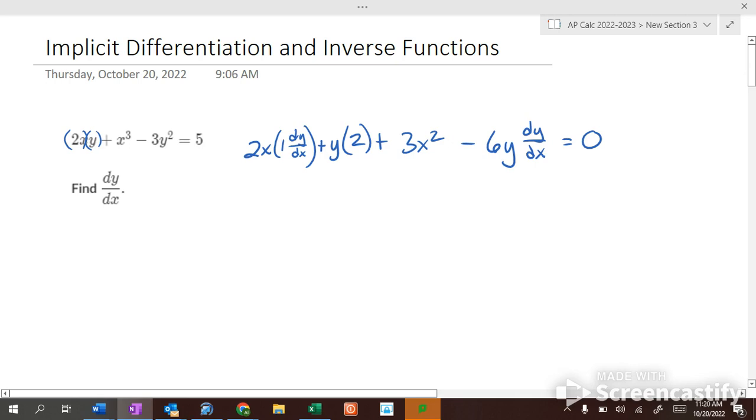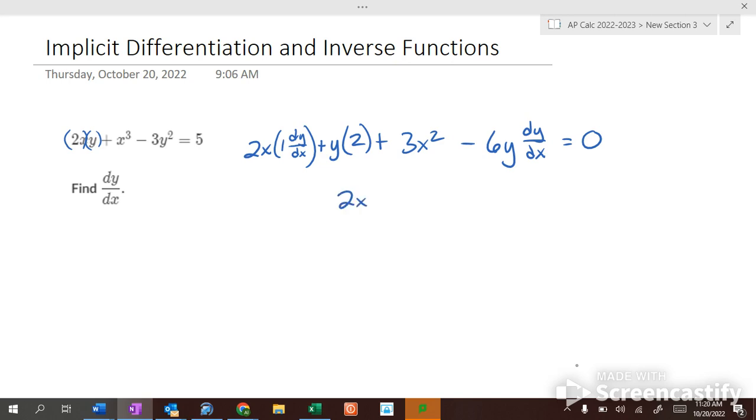So when you find dy dx, you got to get dy dx alone on one side of the equation. Ooh, how do I get dy dx alone on one side of the equation? Well, I move everything that's not multiplied by dy dx to the other side.